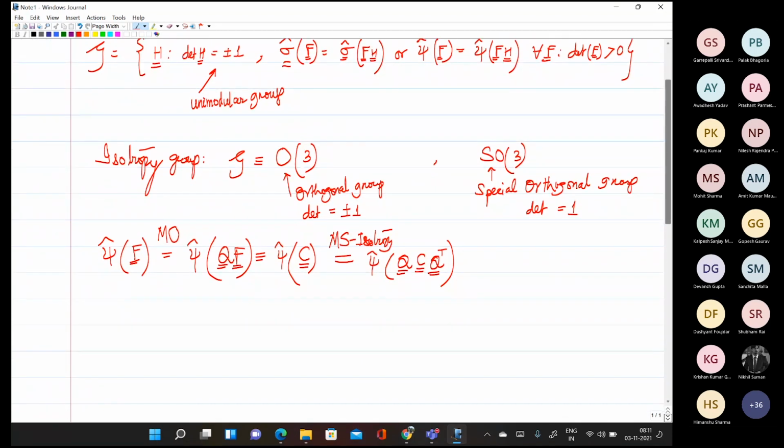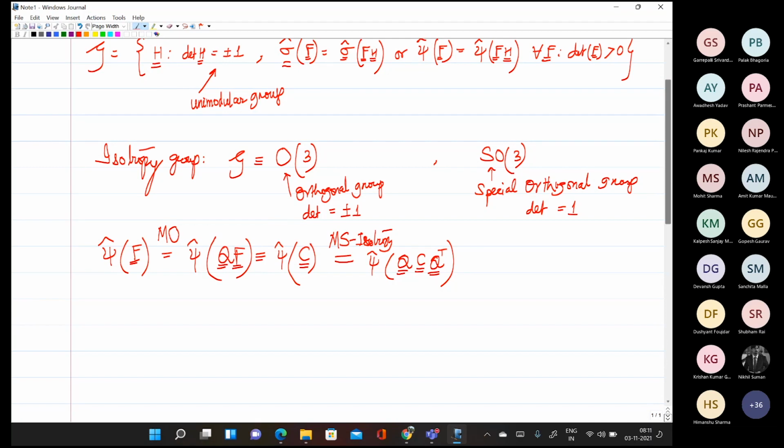So you see it is putting an extra restriction. How should this psi hat look so that whether you pass C to it or you pass QCQ transpose to it, it returns the same result? That is what the isotropy symmetry group is saying to us.